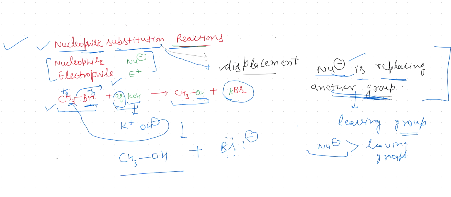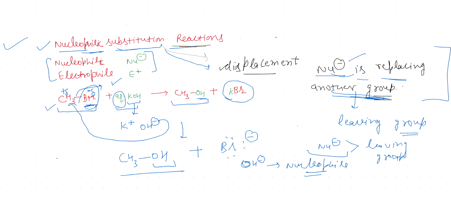So it is very clear from this example. The hydroxide group has occupied the space of bromine. So OH negative here is acting as the nucleophile. So this is very clear from this example, what nucleophilic substitution reactions are.